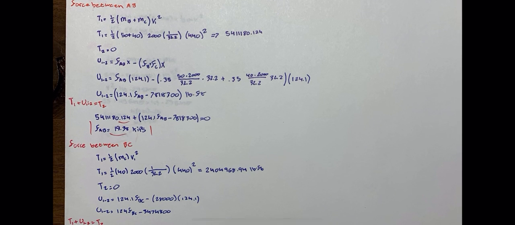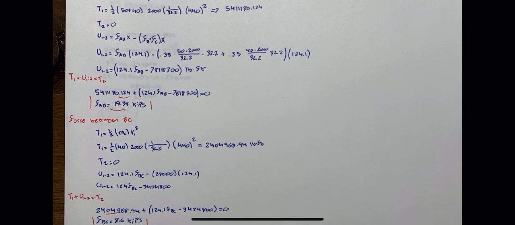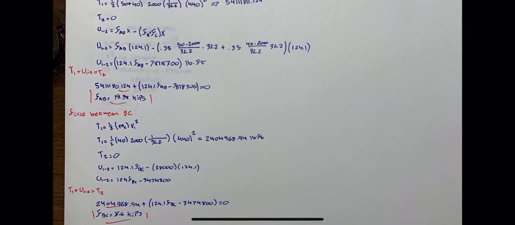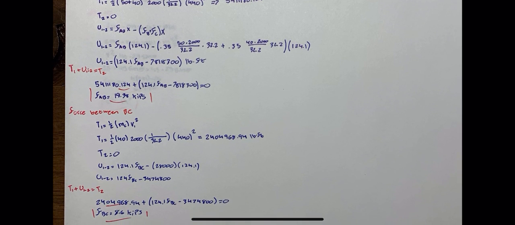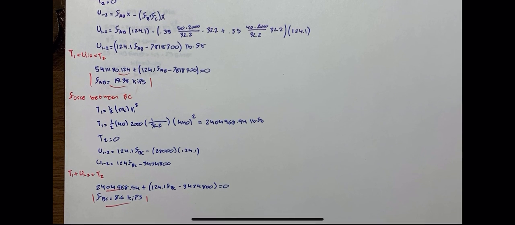It's the force between A and B times X minus force B plus force C times X. We'll plug in our knowns, and we should get this equation for work. Knowing that T1 plus work is equal to T2, we can solve for the force between A and B, and it's 19.3 kips.